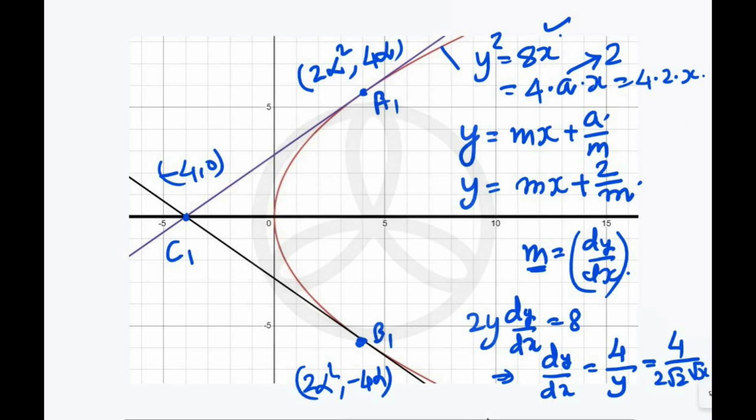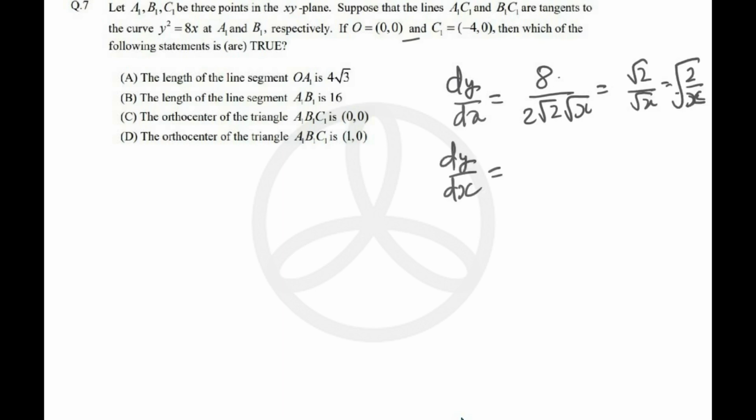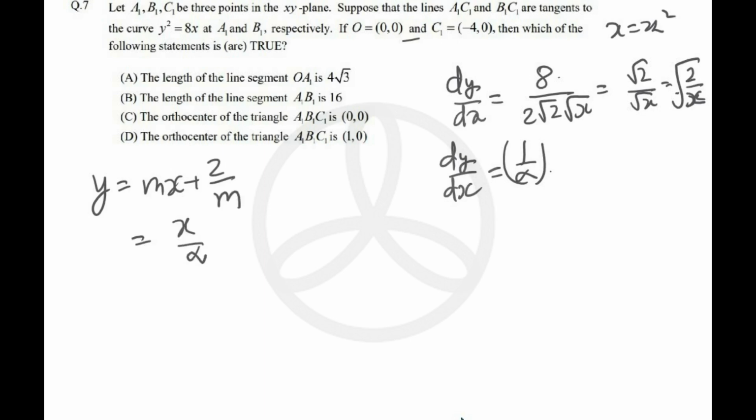Let us go to the original sheet now. We have dy by dx is equal to 4, 8, 2 square root of x, which gives nothing but, substitute x is equal to 2 alpha square, we get 1 by alpha here, and the equation of the tangent is mx plus 2m, and this will be x by alpha plus 2 alpha.